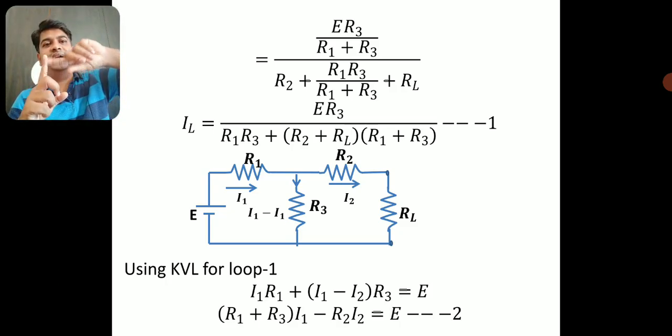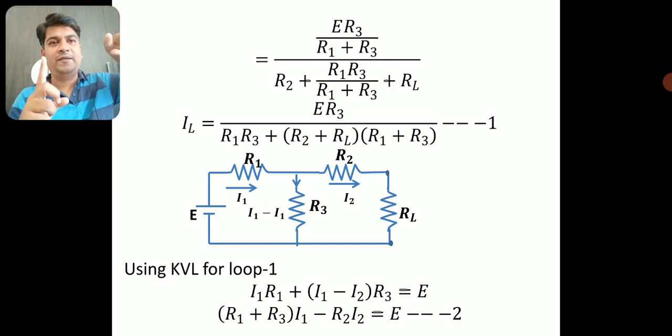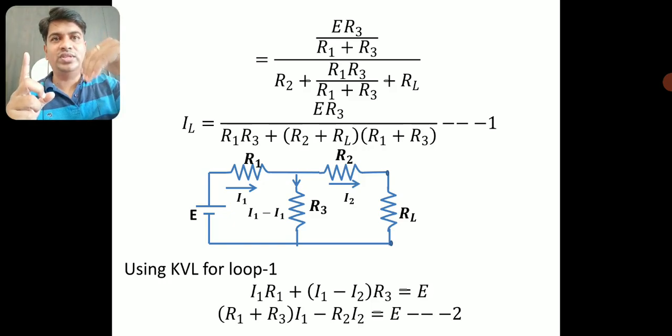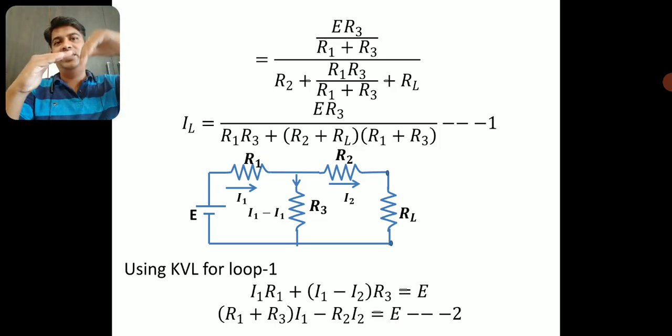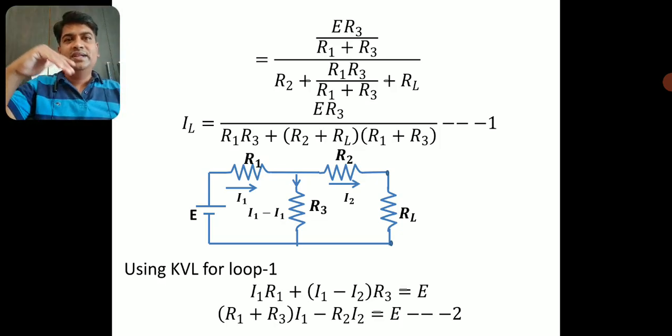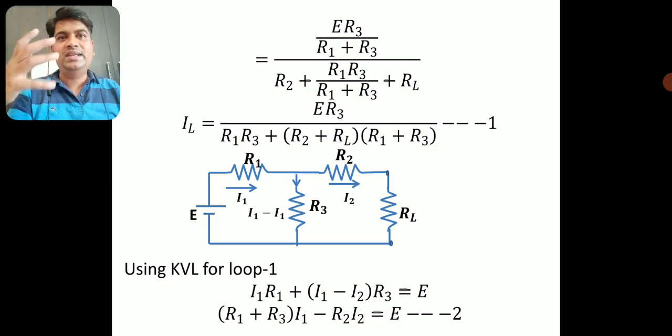Suppose I1 is the current coming here, and I2 is the current going through this resistor R2. What will be the current flowing through this R3? If I1 is coming and I2 is going away, then the left out current going down through R3 is I1 minus I2.